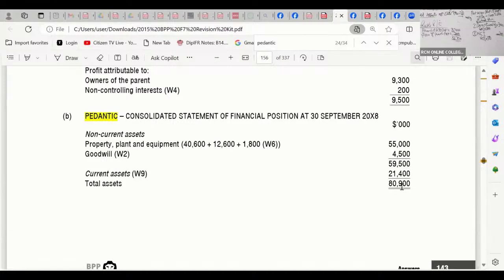Are you able to get that 8,900? I want somebody to confirm that the total assets are 8,900. Is there somebody who is able to get that figure? Really?